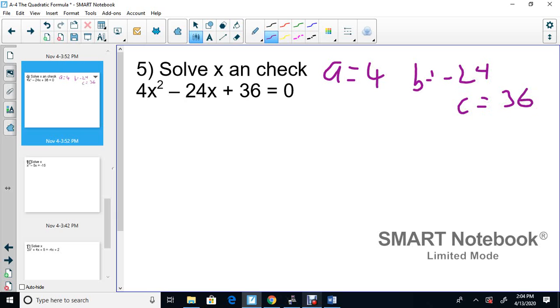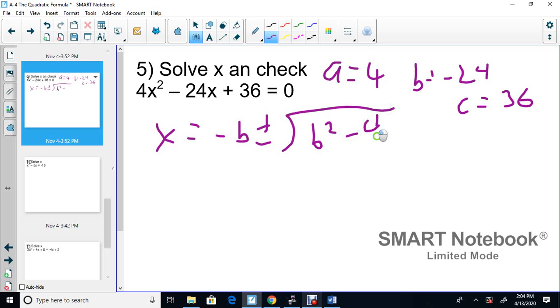Okay, let's now write our formula. X equals negative b plus minus the square root of b squared minus 4ac all over 2a. Okay, so let's keep going here.